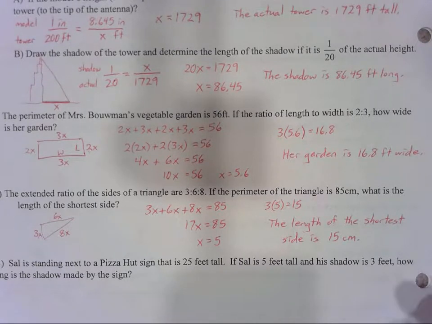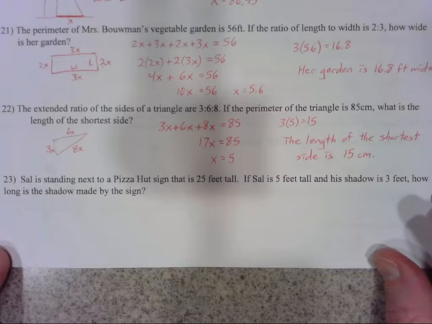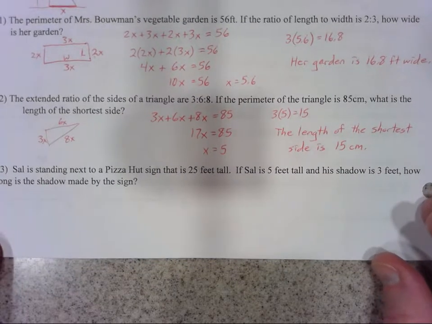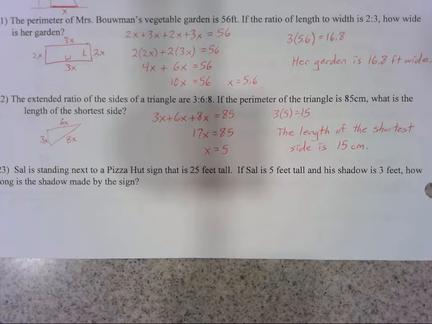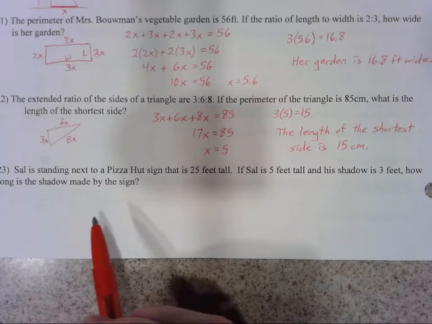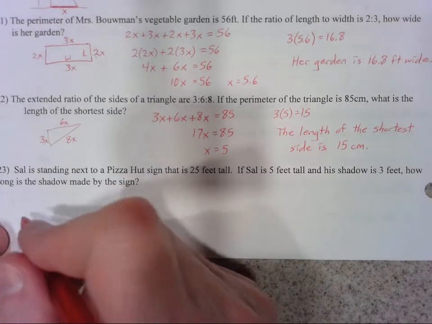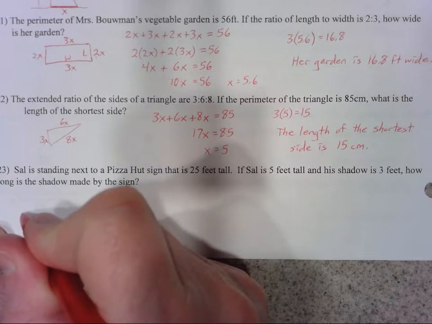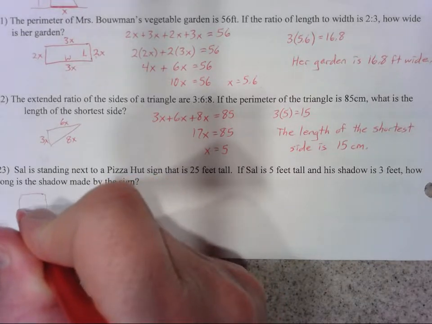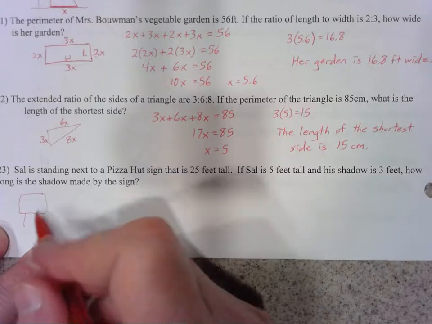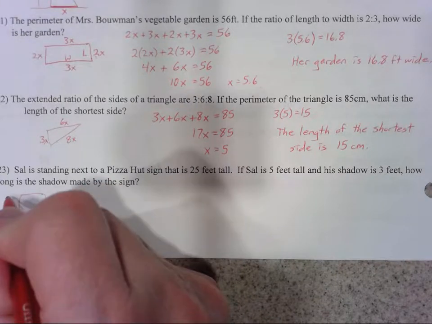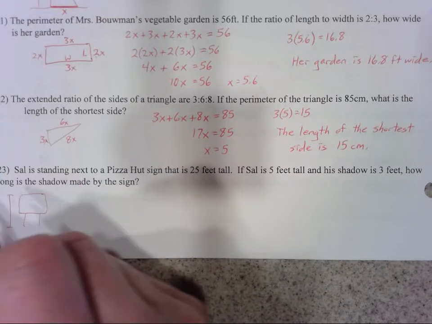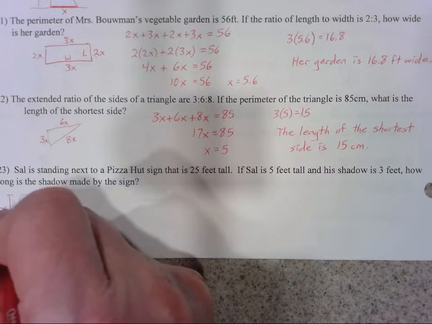Number 23. Sal is standing next to a Pizza Hut sign. I don't know how well I can draw a Pizza Hut sign, so I'm just gonna treat it like it's a rectangle. This Pizza Hut sign is 25 feet tall.